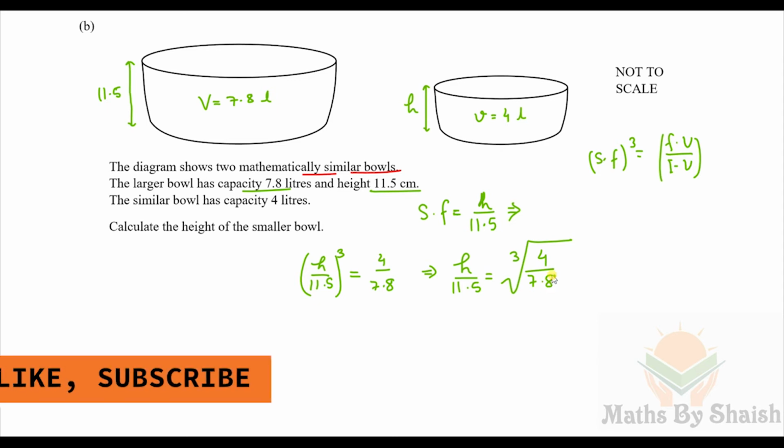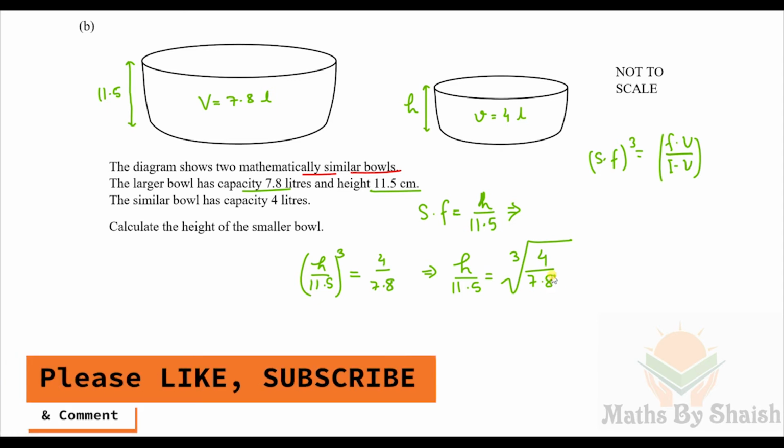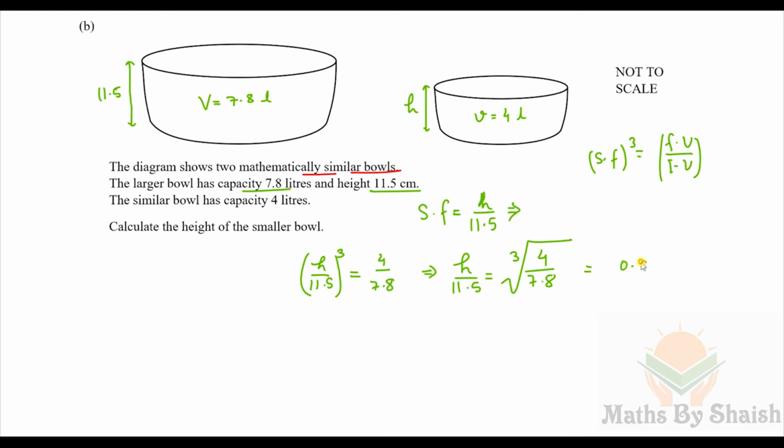And we'll calculate this. 4 over 7.8. This cube root is 0.800427, and so on, and hence h is 11.5 into 0.80043, and that is going to be 9.204.